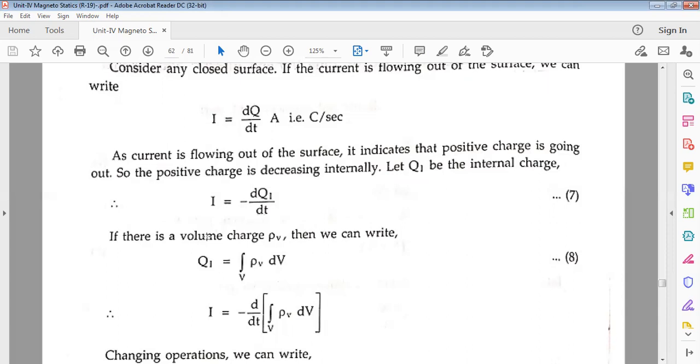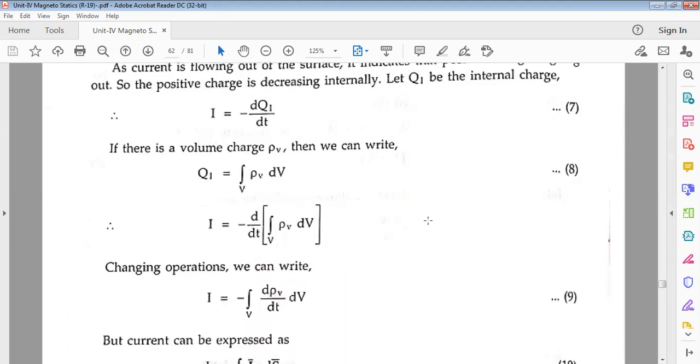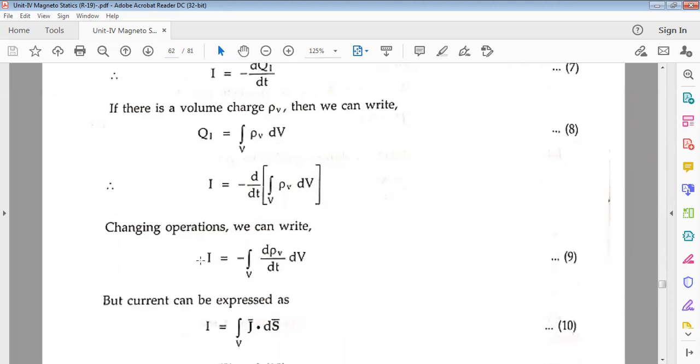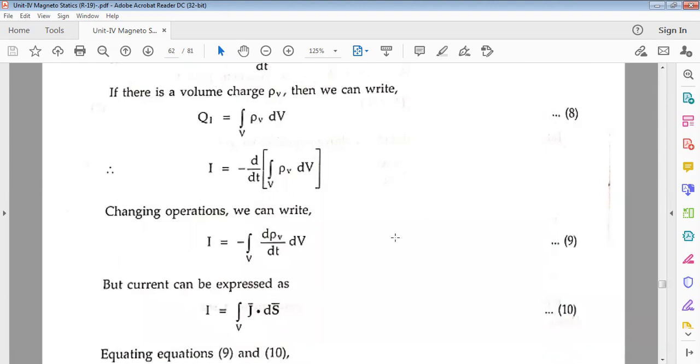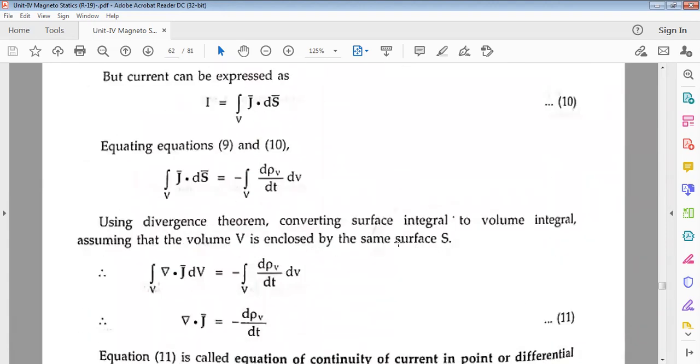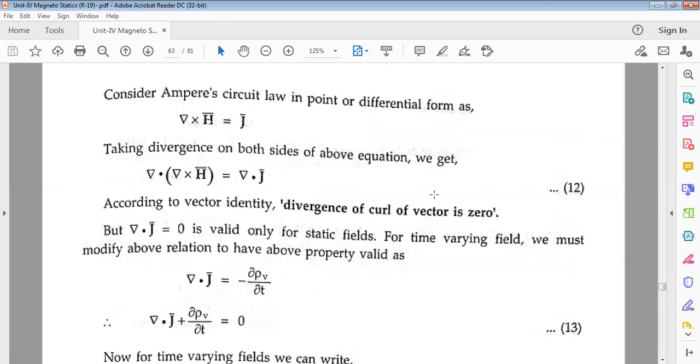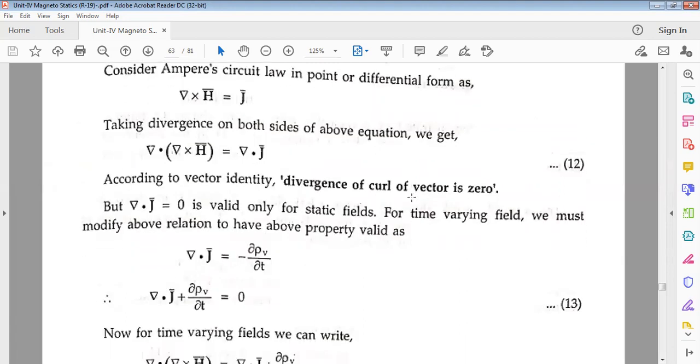Let Q be the internal charge, I is equal to minus dQ/dt. We know Q in terms of the volume charge density is the integral of ρv dv; substitute in the current. We also know I is the integral of J̄·dS̄; simplify, and finally you get the continuity equation: del dot J̄ is equal to minus ∂ρv/∂t or dρv/dt. Got it, my students?